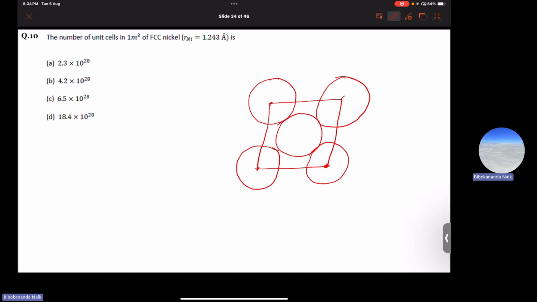Here if you see, if this is R, this is R, this is R, and this is again R, so the diagonal is 4R.